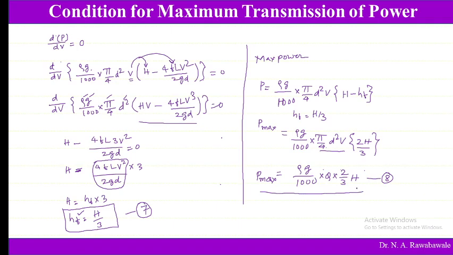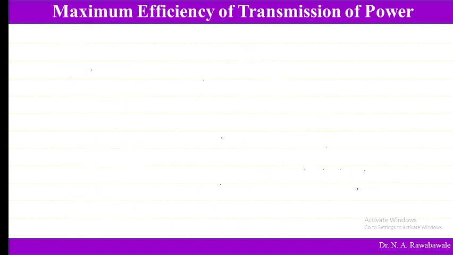Then we'll find the efficiency for maximum power transmission. Right now we have derived one equation for efficiency, which is h minus hf divided by h. The condition for maximum power transmission is hf is equal to h by 3.